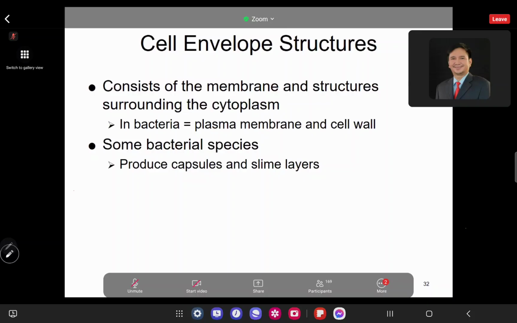Slime layers are used for adhering to surfaces in the body and at the same time even in inanimate objects.